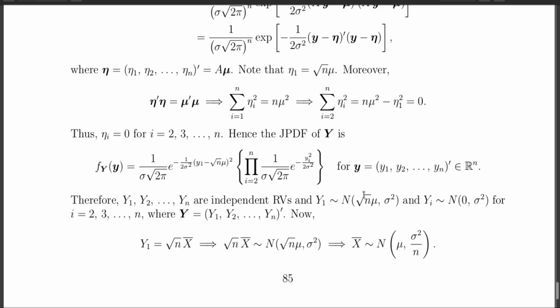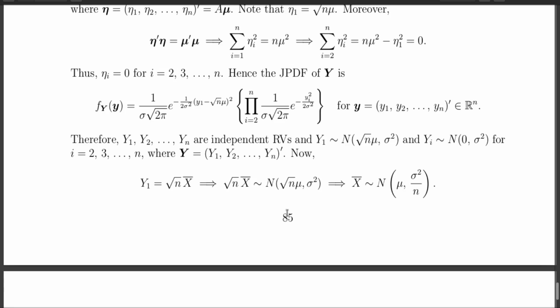Y1 has a normal distribution with mean root n times mu and variance sigma square. Yi has a normal distribution with mean 0 and variance sigma square for all i equals 2 to n. Clear? Now, what is y1? Again, y1 is nothing but the first row of A multiplied by the x vector, and that gives me root n times x bar.